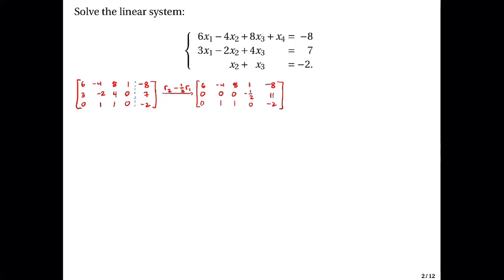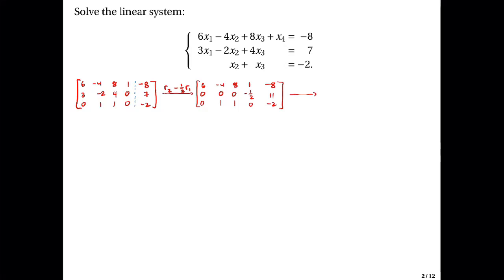From here, we can multiply the second row by negative 2, so we will get rid of this fraction. We can also first interchange rows 2 and 3. Because this one here is already 0, it cannot be a leading one. But here we have a leading 1, so we interchange them.